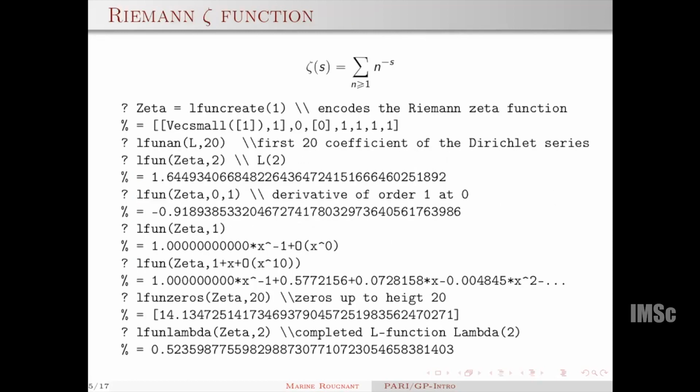So, for example, if you want to use the Riemann zeta function, to create it you use lfuncreate of 1, because it's the Riemann zeta function. It gives you that, which means that every coefficient here is 1. The coefficients for the dual L function are the same as this one.